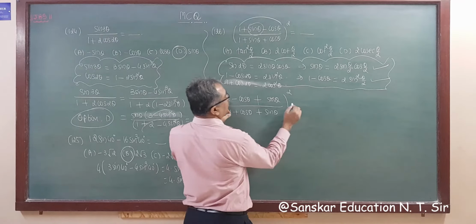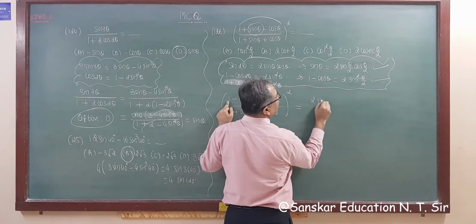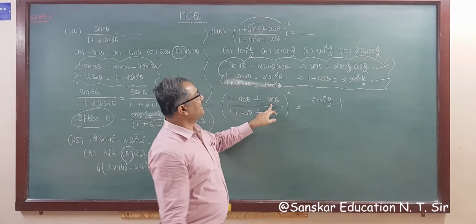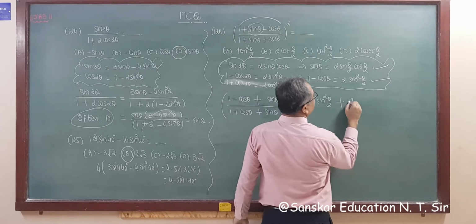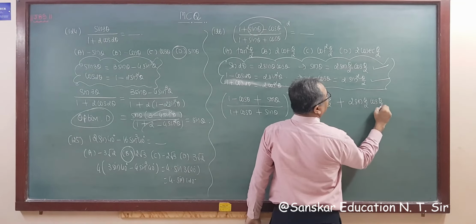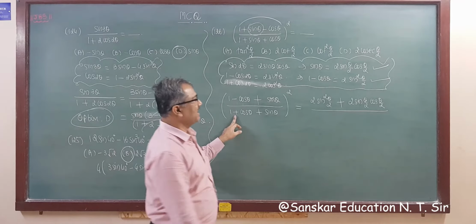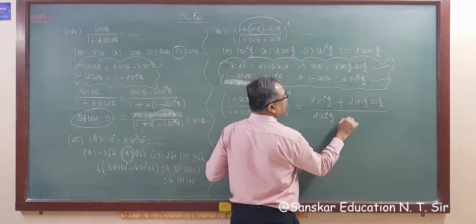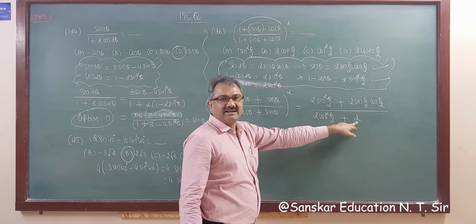So 1 minus cos theta is 2 sin square theta by 2, and plus sin theta is only one formula, 2 sin theta by 2 cos theta by 2. So this is 2 sin theta by 2 cos theta by 2 whole upon, this is 1 plus cos theta is 2 cos square theta by 2. So this is 2 cos square theta by 2 plus sin theta is the same formula as we wrote in the numerator.